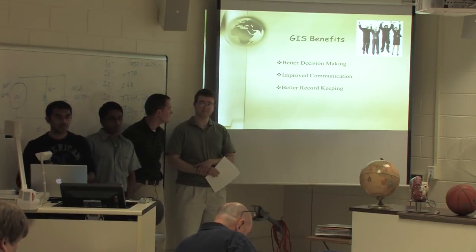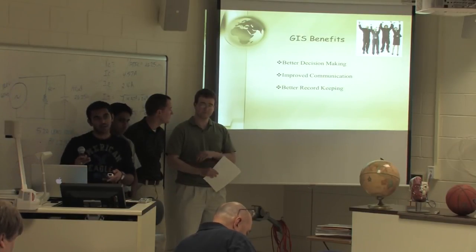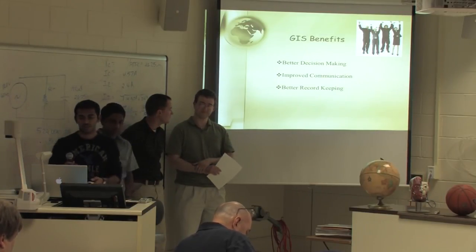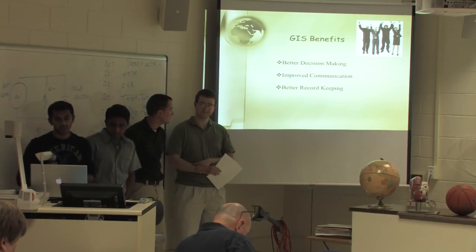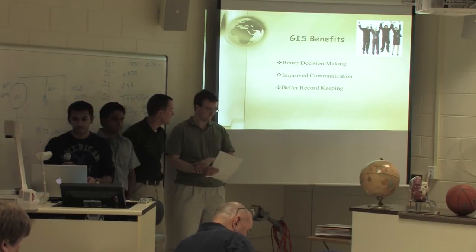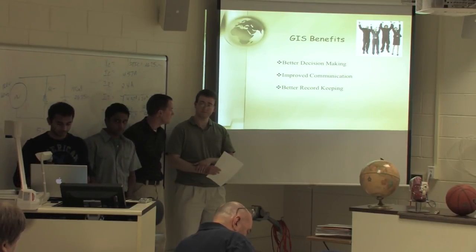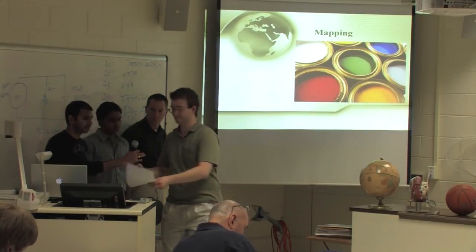This enables you to plan better, protect more people, and reduce the devastating effects. It provides improved communication. This is possible because of high quality visualized maps and better record keeping. Mapping would be explained by Andy Brashear here.